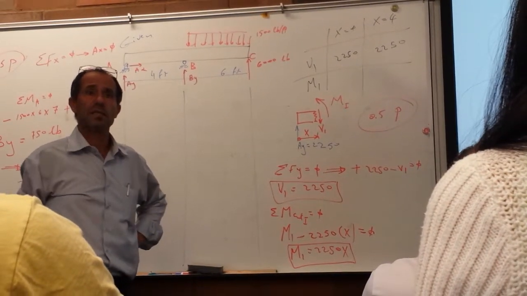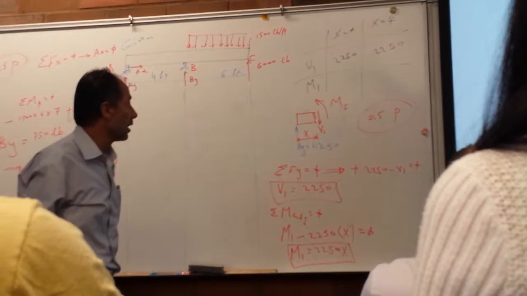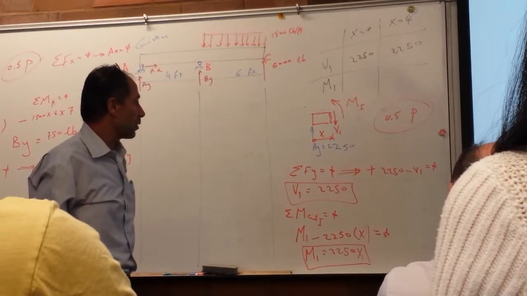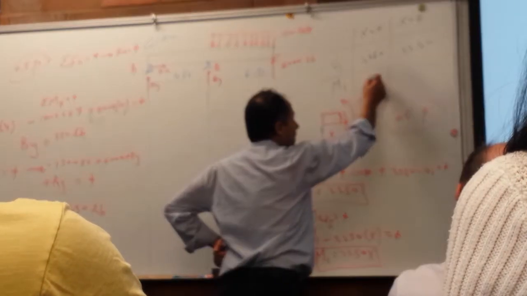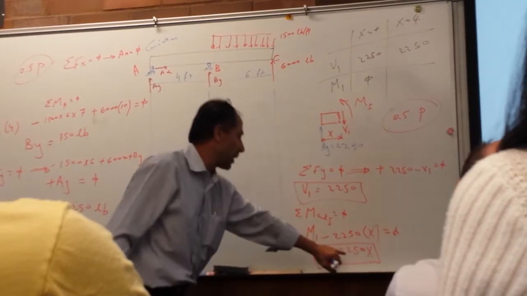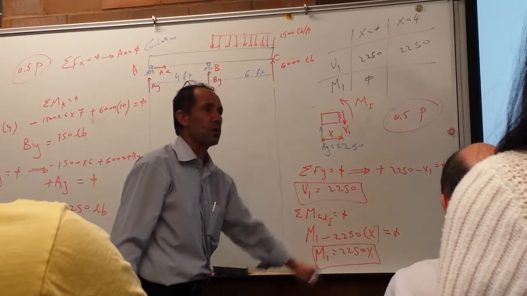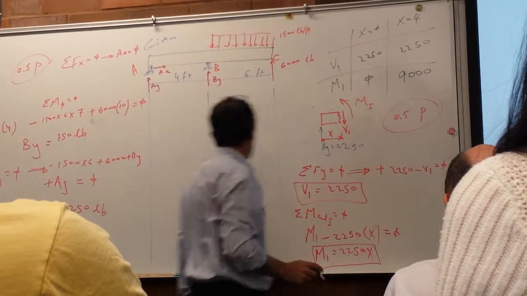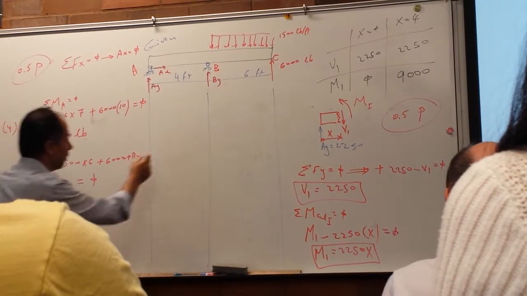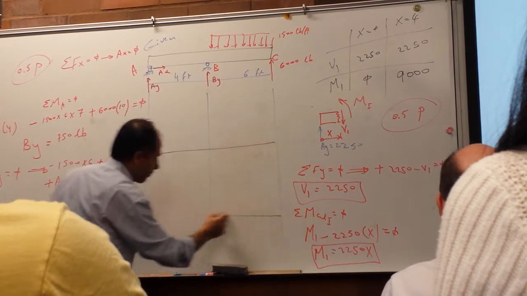All the time the same, X is not involved, no variables in here. M1 is going to be 0 at 0, and at 4, 4 times 2,250 is going to be 9,000, correct? And let's draw here V and M.